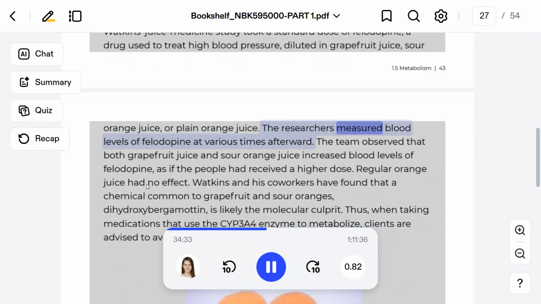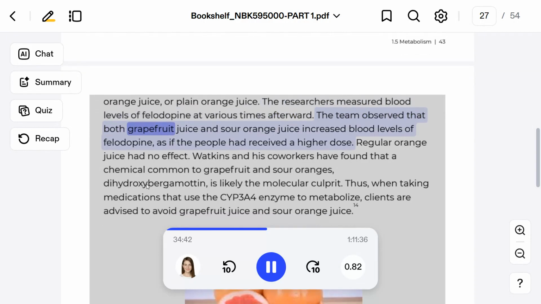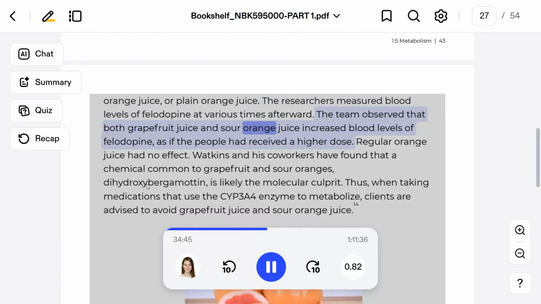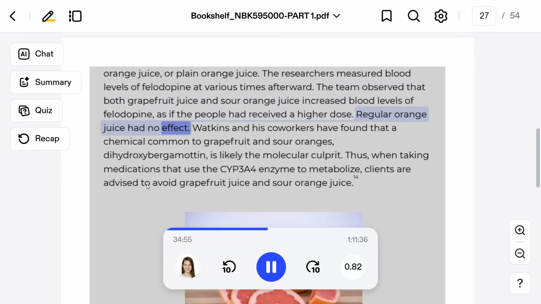The researchers measured blood levels of felodipine at various times afterward. The team observed that both grapefruit juice and sour orange juice increased blood levels of felodipine, as if the people had received a higher dose. Regular orange juice had no effect.